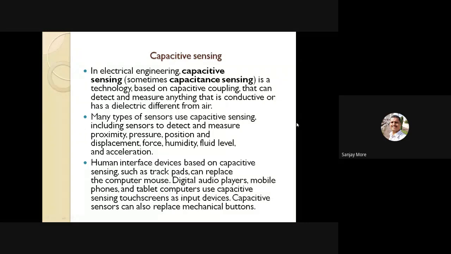Human interface devices based on capacitive sensing, such as trackpads, can replace the computer mouse.